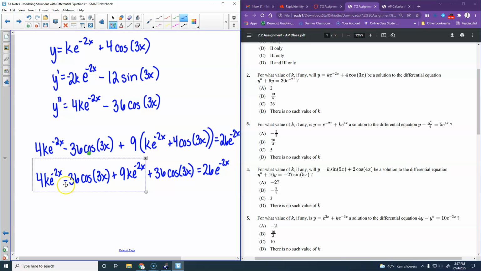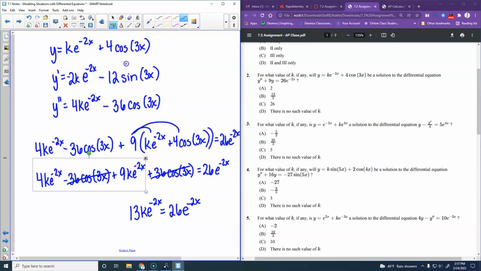So the negative 36 and the positive 36 are going to cancel. And we can combine the 4k e to the negative 2x and the 9k e to the negative 2x. So we are going to get there 13k e to the negative 2x equals 26 e to the negative 2x.